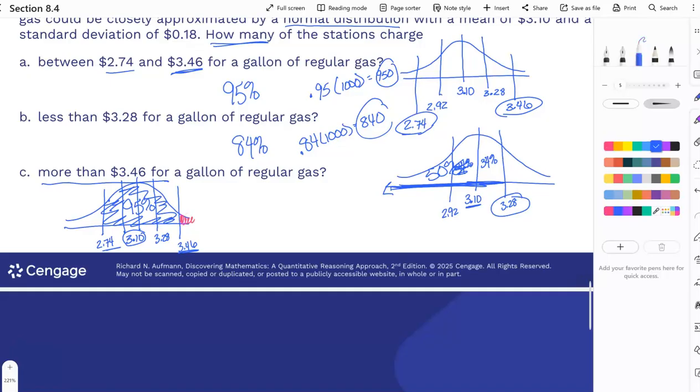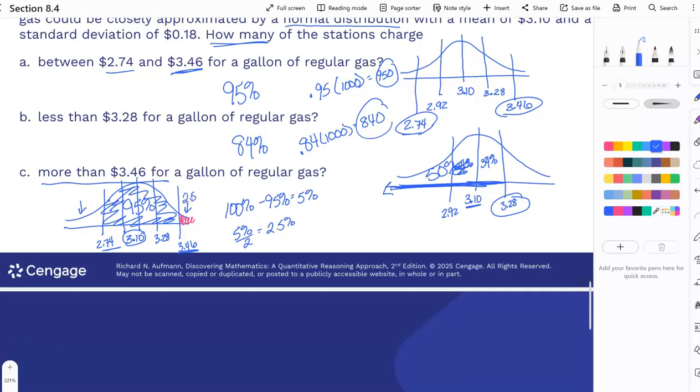So we can find that by using properties of normal distributions. We know all of it has to add up to 100%. We know the stuff in the middle is 95%. So that leaves 5% left to split evenly between each tail. So if I divide that by 2, I'm going to get 2.5%.